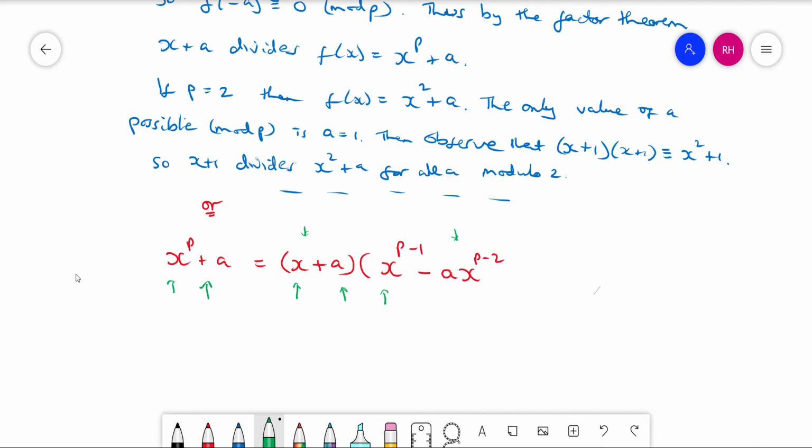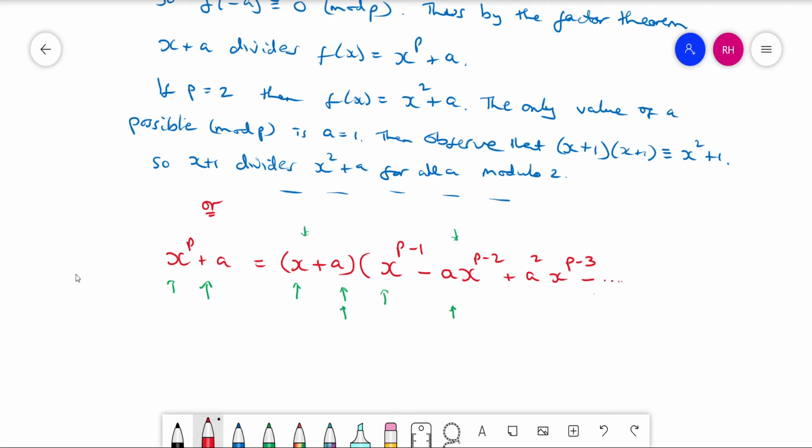But now the problem is I've got this one by this one, so I've got to get rid of that, and the way I do that is I go plus a squared x to the p minus 3, then the next term will be minus, dot dot dot.